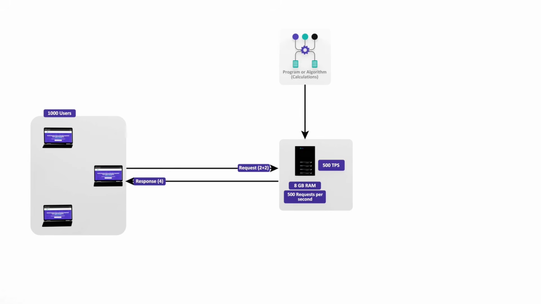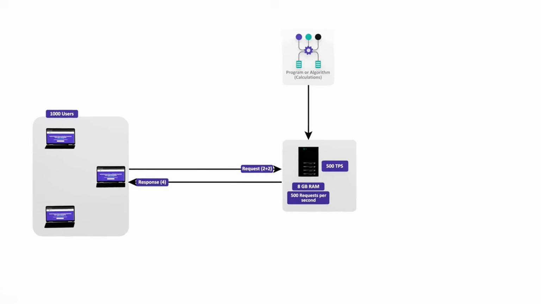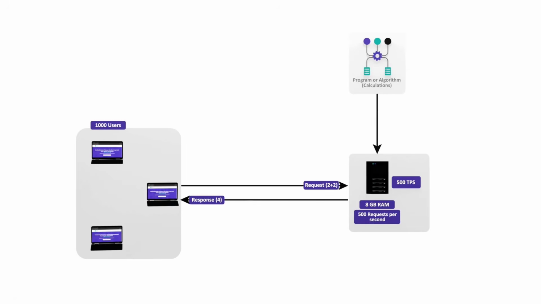Scalability means, for example, I will double the size of the CPU, increase the RAM, and put in one more core. I will not buy a new server, but I will upgrade my existing server. Let's say I double everything.